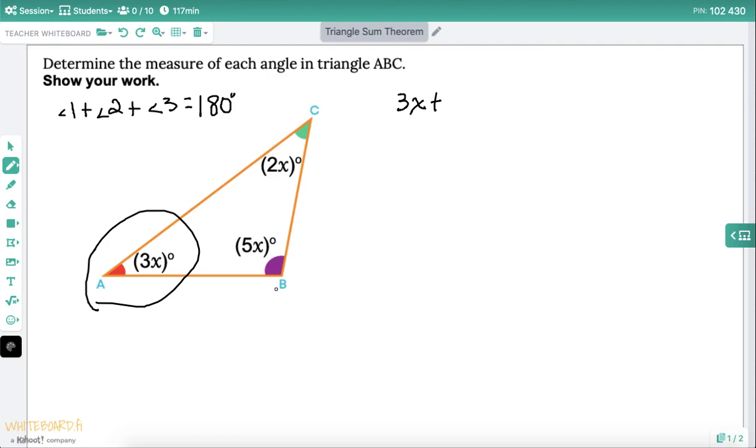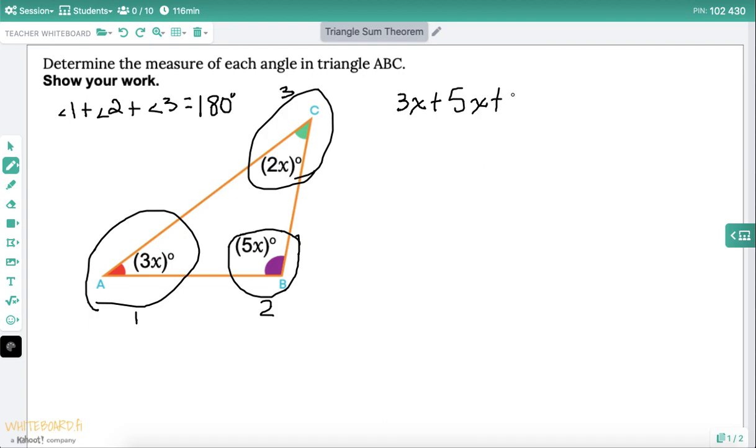And then angle 2 is represented by 5x right here. So let's number them. And this is 5x. And lastly, this would be angle 3. And these three things have to add up to 180 degrees.